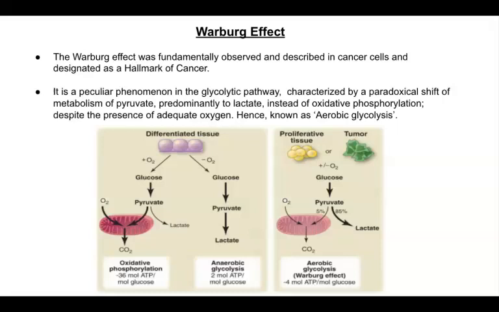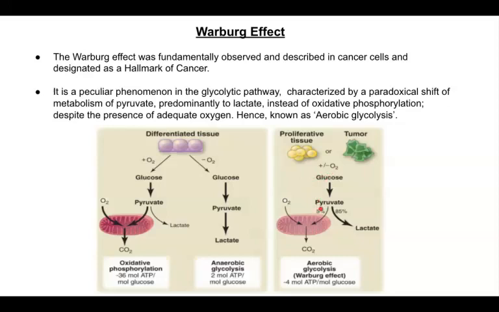And in the absence of oxygen, glucose is converted into pyruvate, and pyruvate is converted into lactate. And this process generates only 2 ATPs. Now, what happens in the cancer cells? What was described in the cancer cells? It was seen that despite the presence of oxygen, there was a metabolic switch of the glycolytic pathway.